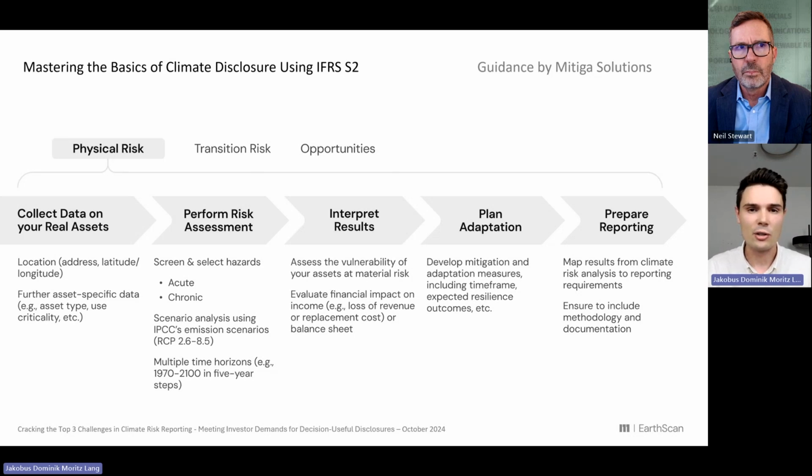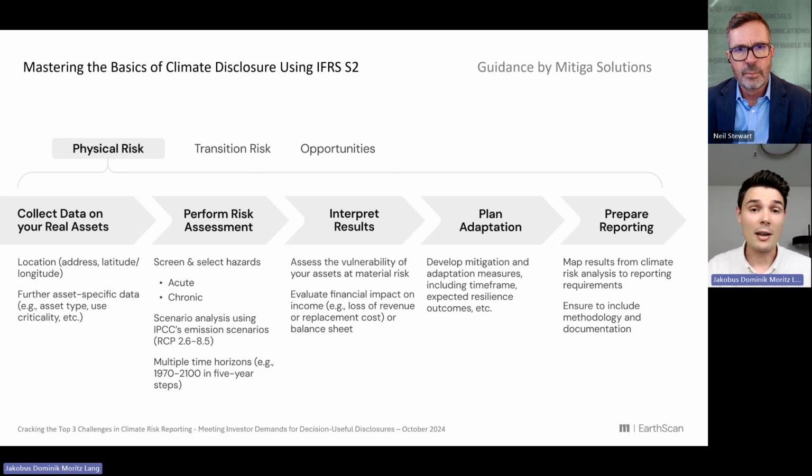we see that there's still somehow a lack of standardization in terms of some of these elements, for example, the screening of hazards, or also the scenario analysis or the financial impact evaluation, which are not yet set.